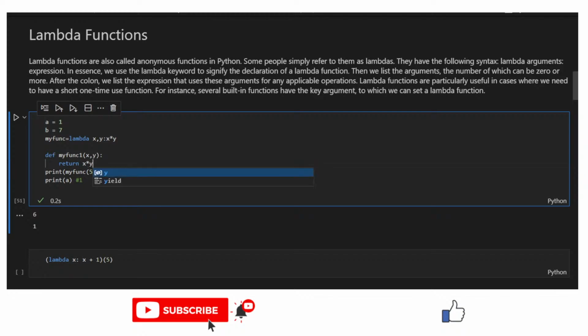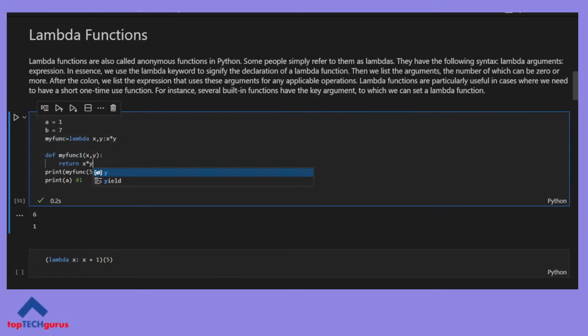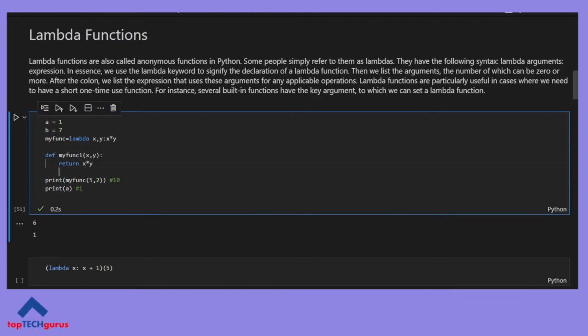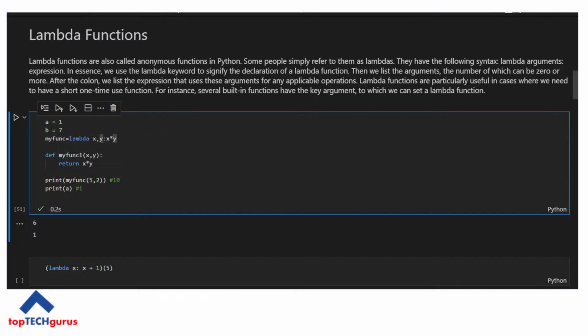So this myfunc1 is equivalent to myfunc. So those two are definitely equivalent. They do the same things, but this is defined as a function while this is an anonymous function or a lambda. So let's try invoking this.